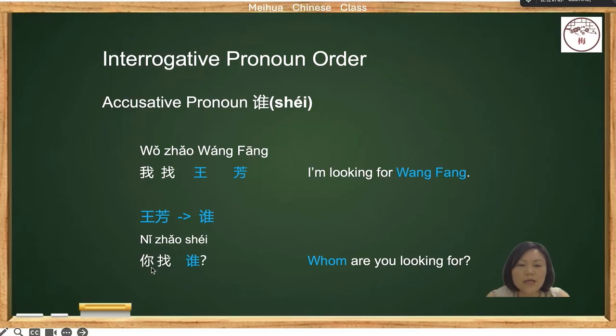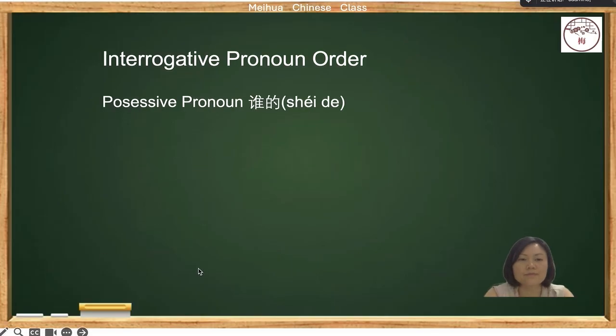In Chinese, we don't change the position. So it's still at the position of the object, right? 你找谁? For possessive pronoun, 谁的, let's first look at the declarative sentence. 这本书是他的, hers.